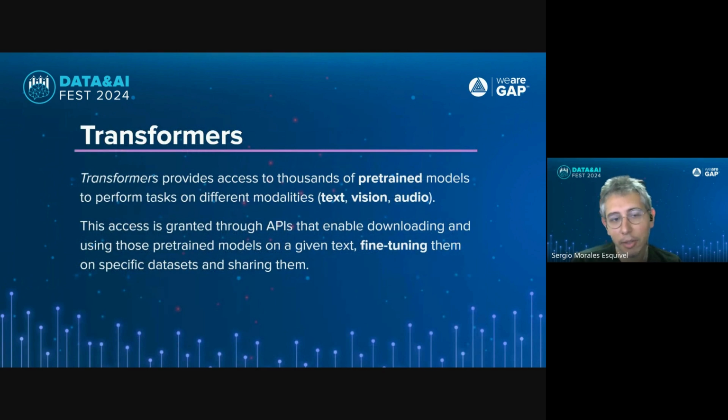So talking a little bit more about transformers now, as I mentioned, it provides access to all of the pre-trained models that are available on the Hugging Face Model Hub to perform tasks, again, on different modalities such as text, vision, audio, etc. This access is granted through APIs that enable downloading and using those pre-trained models on a given text or, again, blip of audio or video or what have you, and fine-tuning them on specific new datasets that, again, don't have to be all that big.